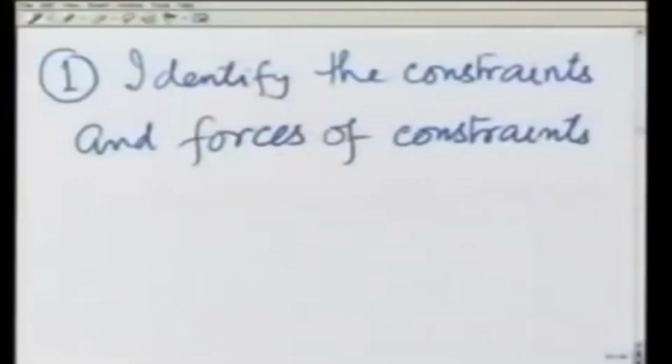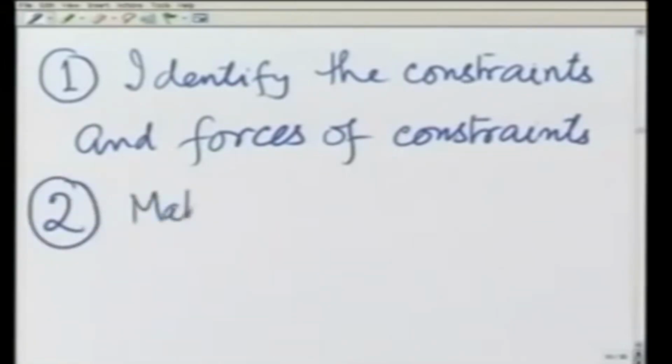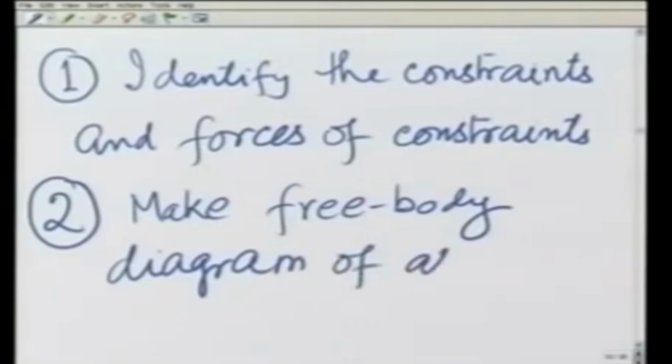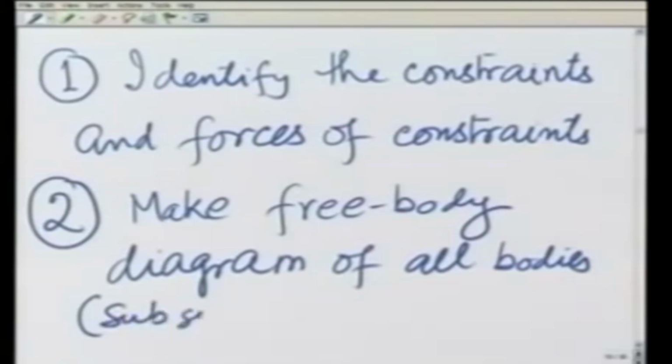Once I have identified the constraints and forces of constraint, the second step is to make a free body diagram of all bodies, and these bodies, which are treated separately, are also called subsystems of the system.